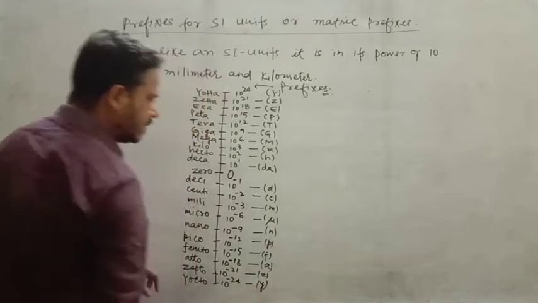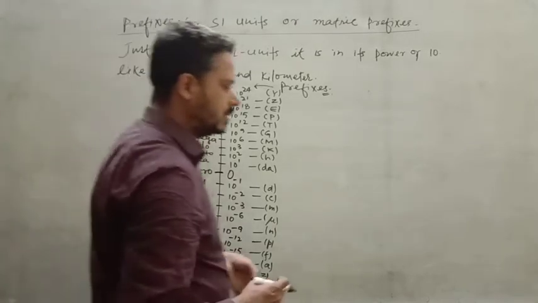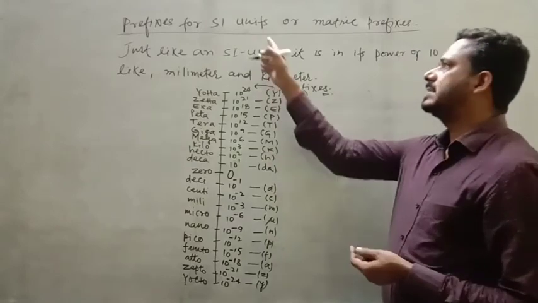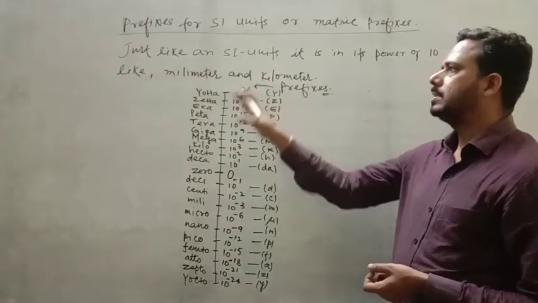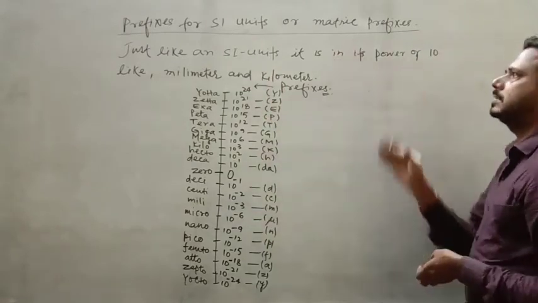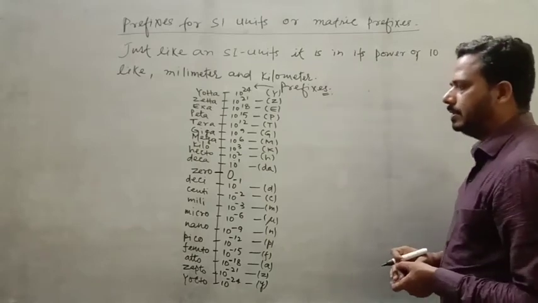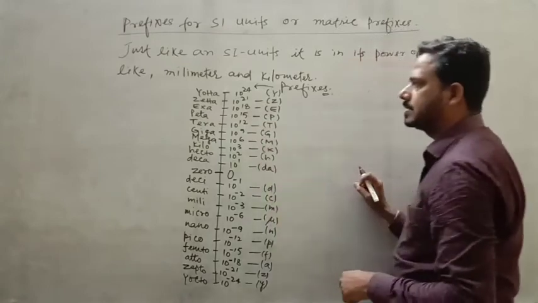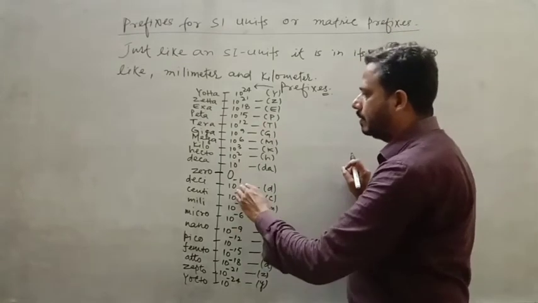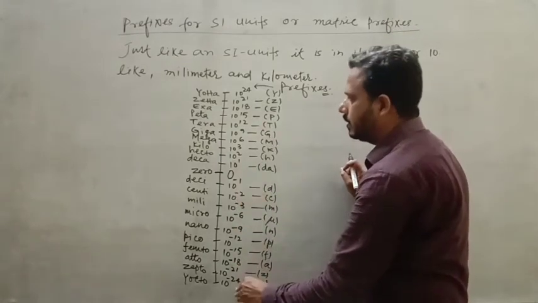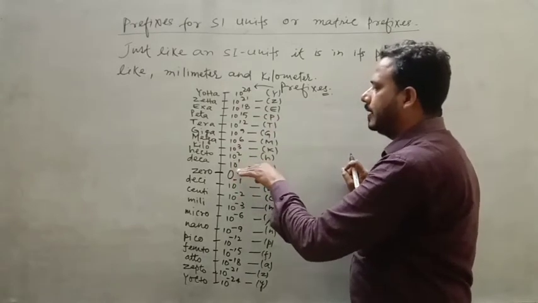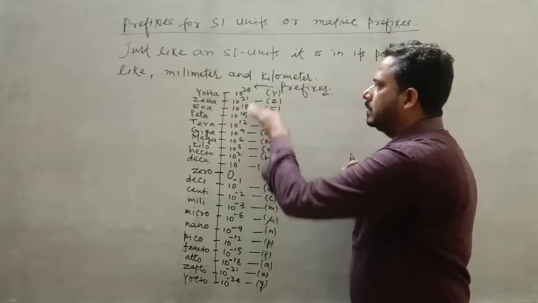So these are the symbols, and this is also called prefixes for SI units, otherwise metric prefixes. And you are seeing here that all these are powers of ten. 10 having power minus 1 to minus 24, and upside from this 0 there is 10 raised 1 to 10 raised 24.